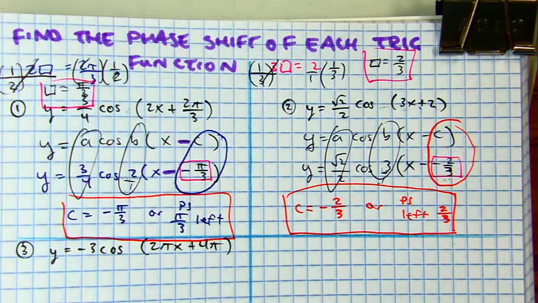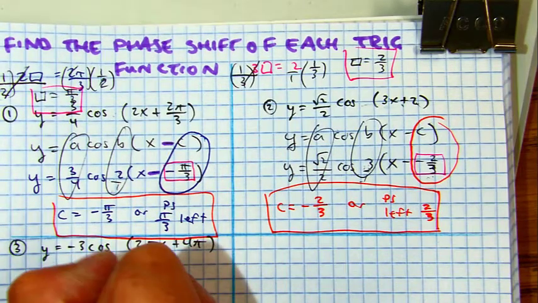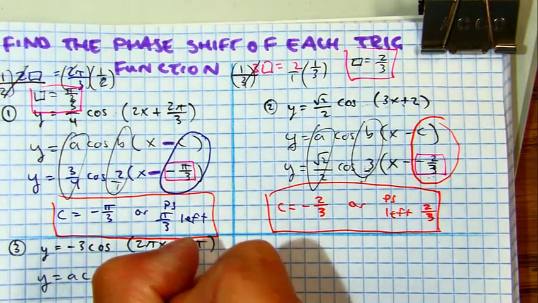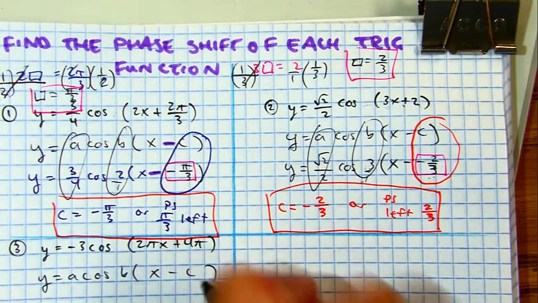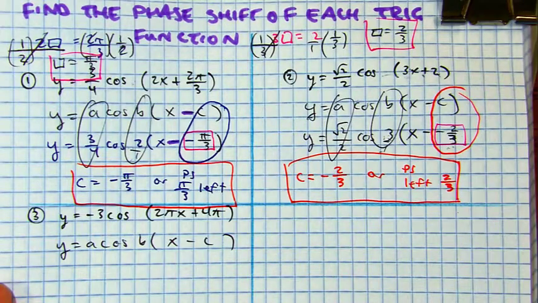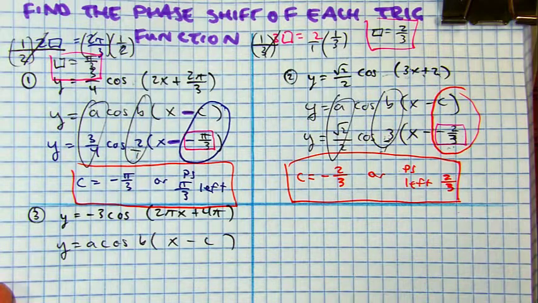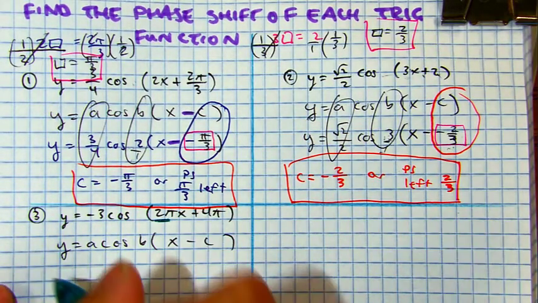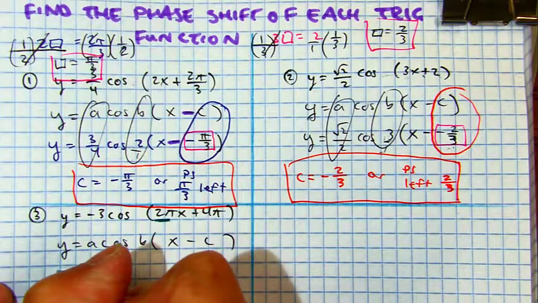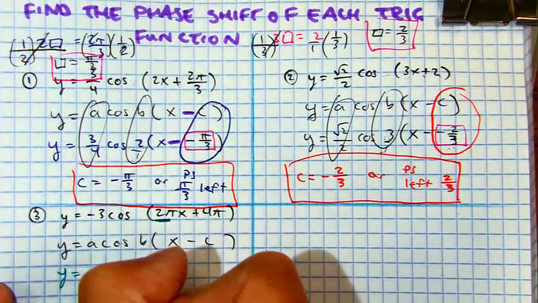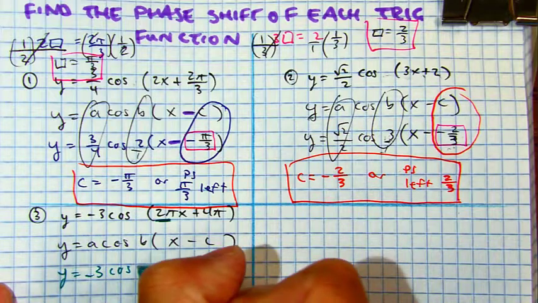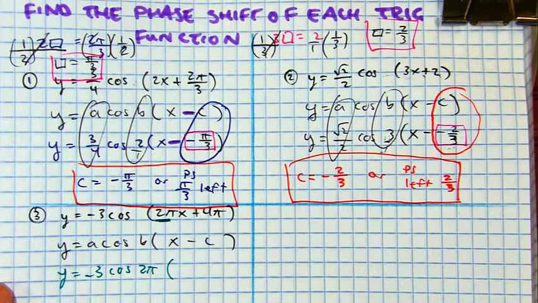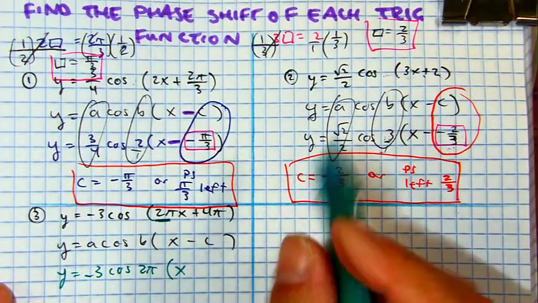Let's try the last one. Y equals A cosine B x minus C. I recognize that right here is what's in front of the x. So that's probably going to be my greatest common factor. Let's rewrite it. Y equals negative 3 cosine 2 pi x. I'm going to change the plus sign to what, class?